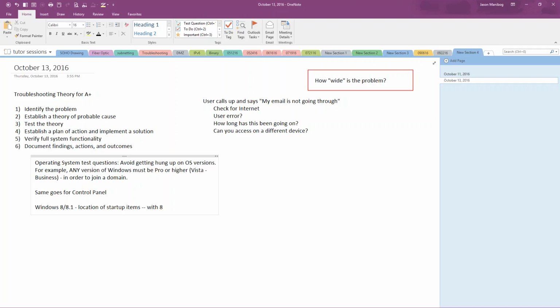With 8.1, it's in the task manager, whereas in 7 and Vista, it's in MS Config. So there's one difference there. And pardon me if my grammar is not perfect here, but hey, we're live. So that's one thing you want to look out for there.